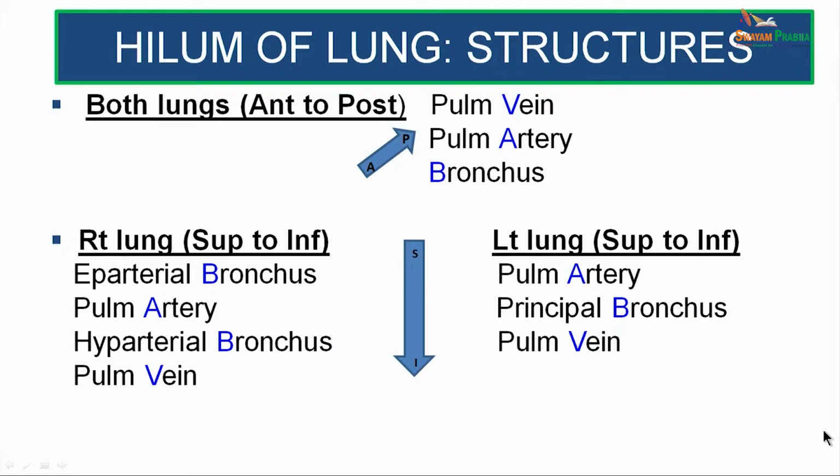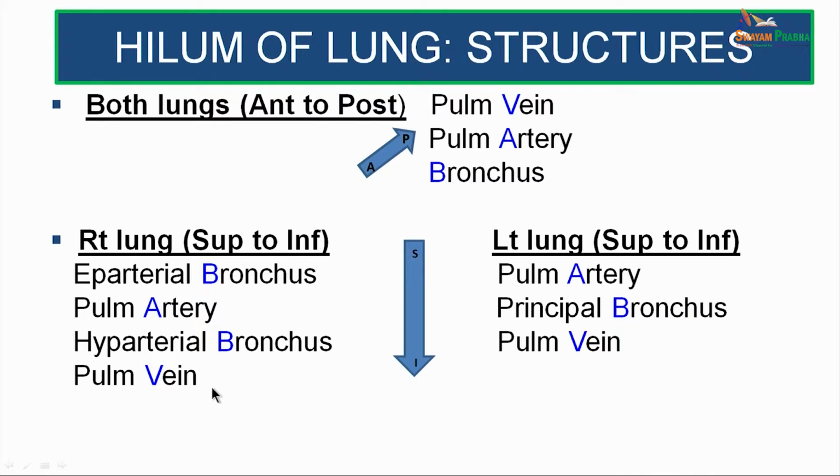Now, to recapitulate the structures at the hilum of the lung, in both the lungs, the anterior to posterior positioning of the structures are the same, with the pulmonary vein, pulmonary artery and the bronchus. Whereas, from superior to inferior, on the right lung, we see eparterial bronchus, pulmonary artery, hyparterial bronchus and pulmonary vein.